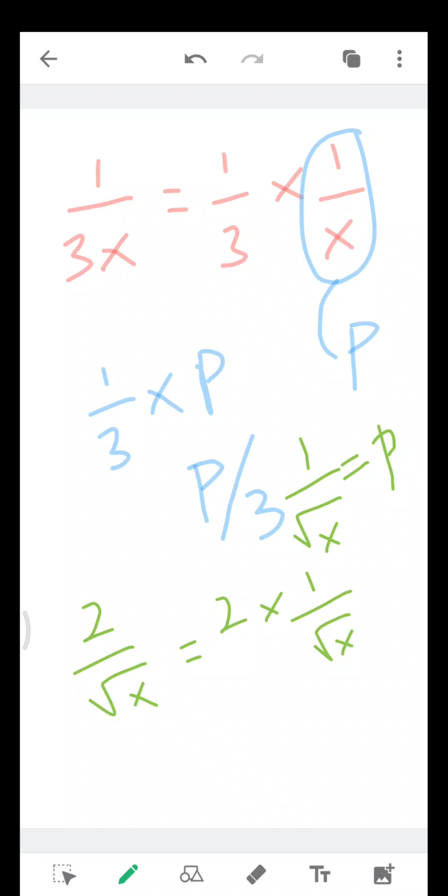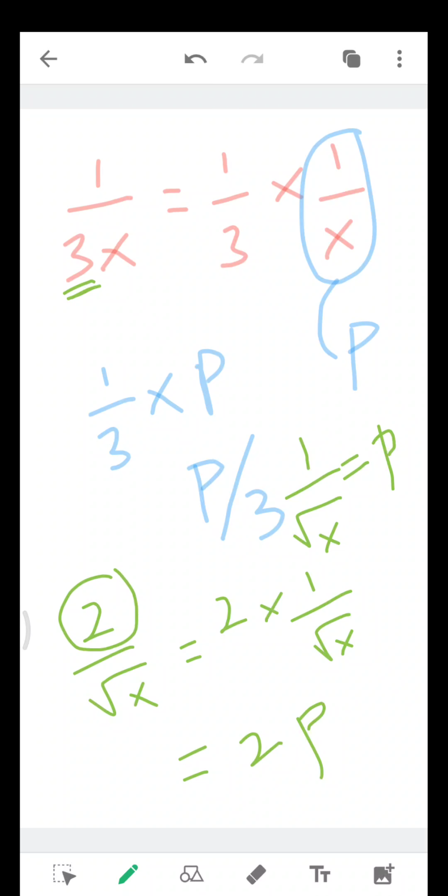Here the number is in the numerator, so 2 into 1 by root x, and this becomes 2, in place of 1 by root x, I'll write p. So this becomes 2p. Here the variable was in denominator, the number was also in denominator, the real number, so it was becoming p by 3. Here the number is in numerator, so it will remain in numerator only, it becomes 2p.